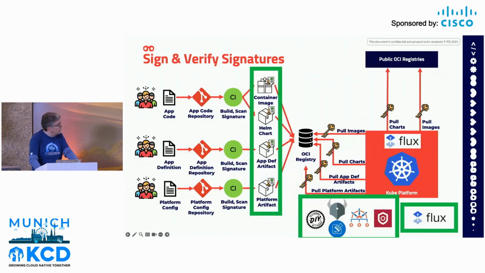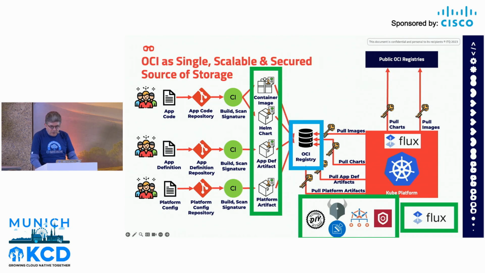So now we have all the artifacts signed and stored on the OCI registry, and verified on the Kubernetes cluster before consumption, either by the admission controller for the image, or by the Flux verify block for the chart and the configuration. And as you see, as a result, the OCI registry is now a single, scalable, and secure storage source for your supply chain.